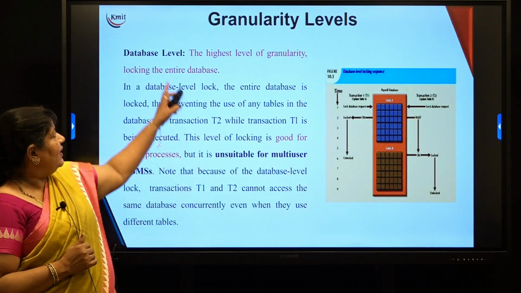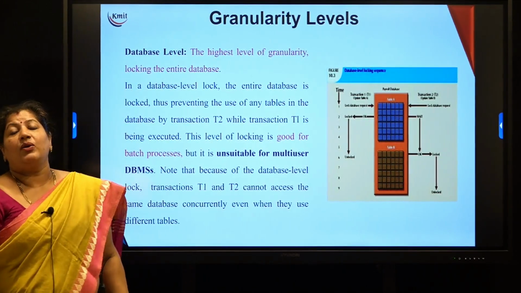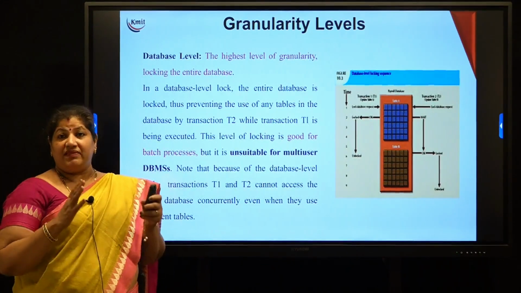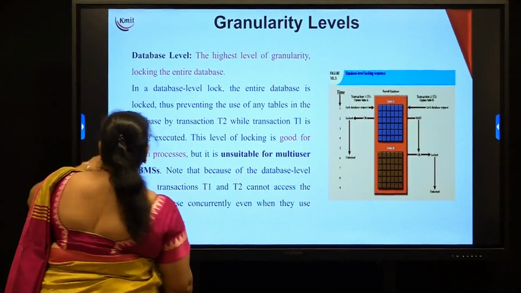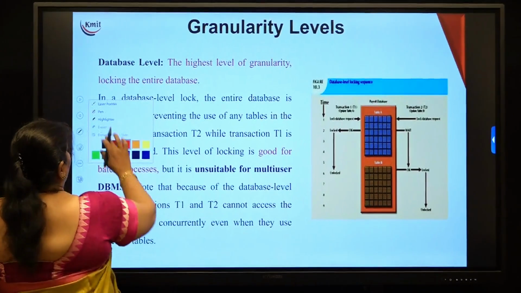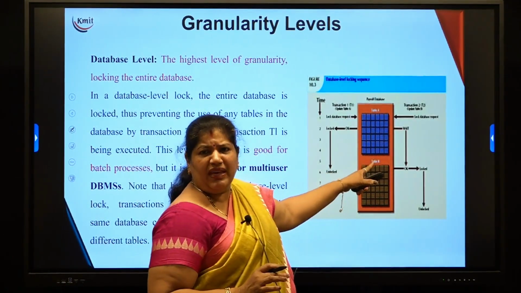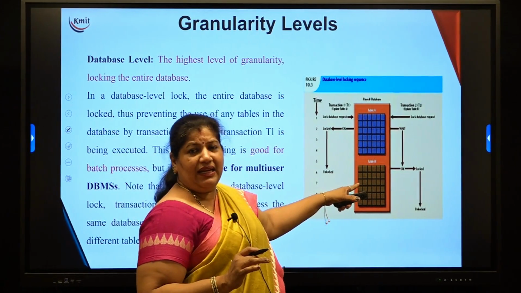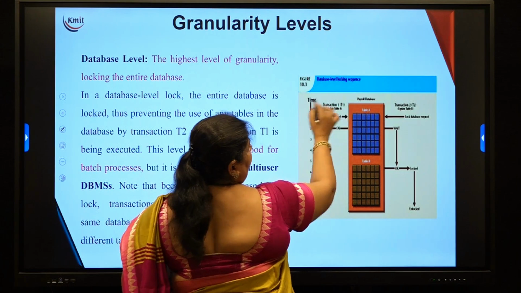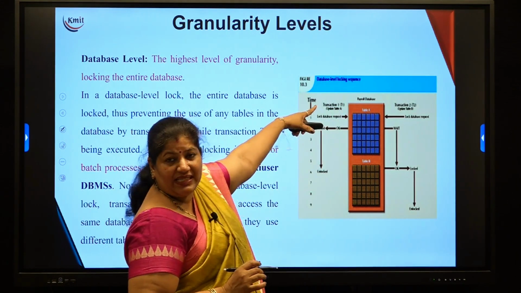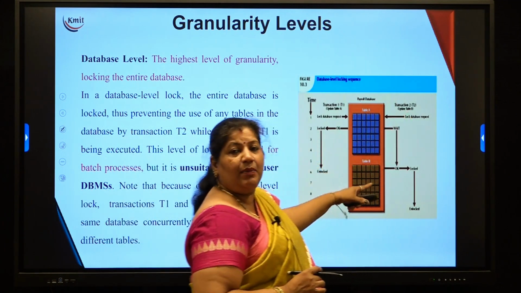The highest level of granularity is when you lock the database. That means transaction T1 wants to access a particular database or one of the tables in the database, but I am locking the complete database. T1 wants to access table 1, T2 wants to access table 2.